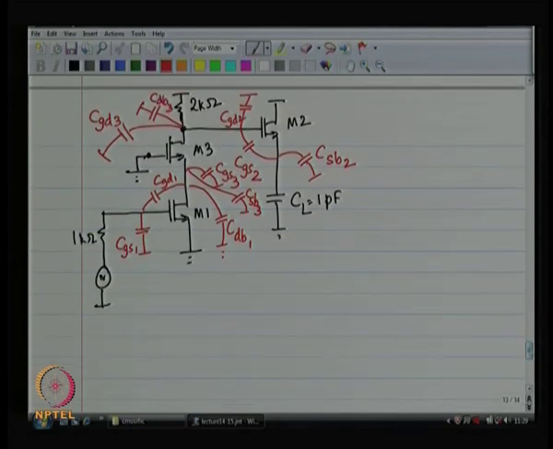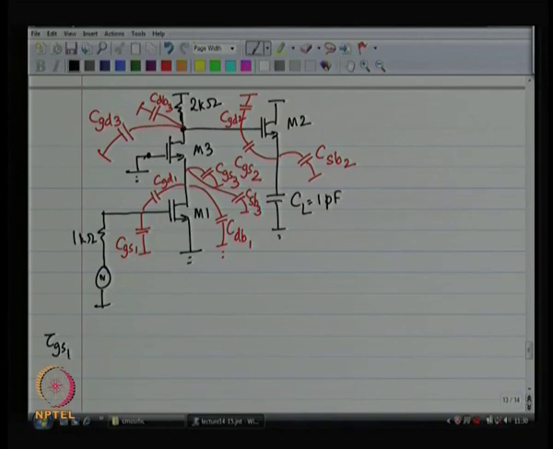So, let us do it systematically, one step at a time. So, CGS1, let us call it tau GS1. What is the resistance you see? The resistance you see is 1 kilo ohm.